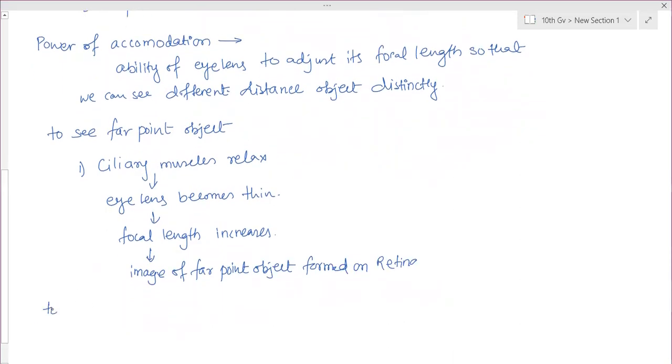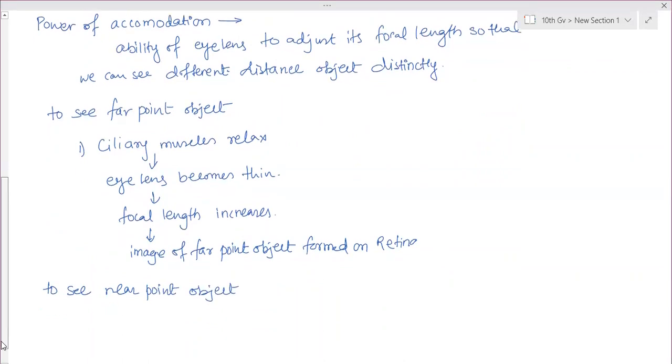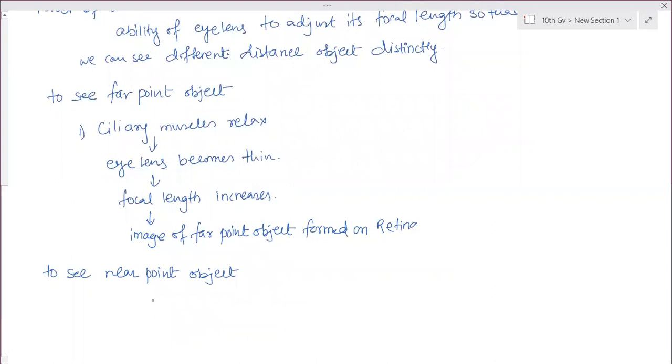And to see nearby objects, to see a near point object, what is done? Ciliary muscles contract. Write down this part. Eye lens becomes thick.